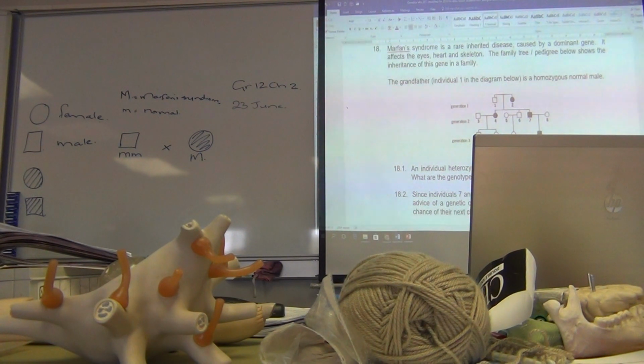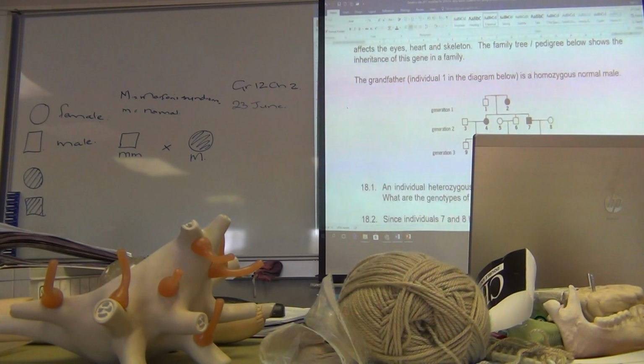Okay, so it tells you that individual 1 is homozygous normal. So you know that individual 1 is little m, little m. Individual 2 has got the condition, so you know that they've got big M. You don't know whether they've got little m or big M as their second one. But look at their children.